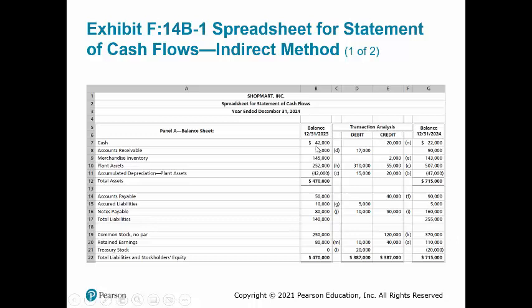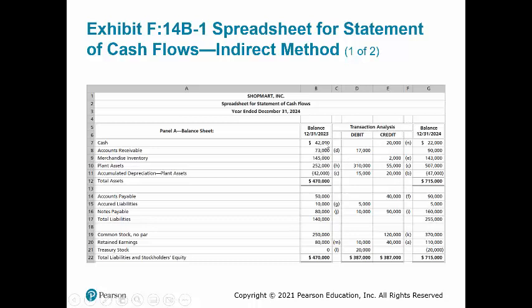You reconcile the beginning to the ending balance depending on whether it is an increase or a decrease. So we can see that cash was $42,000 at the beginning of the year and $22,000 at the end of the year. So to decrease cash, you would credit cash. So that item would go in the credit column.